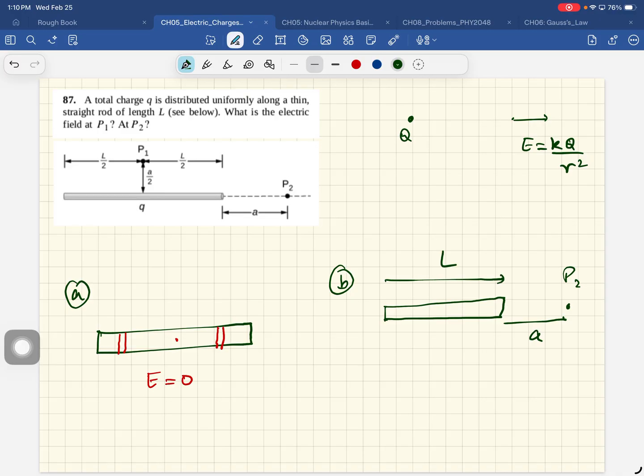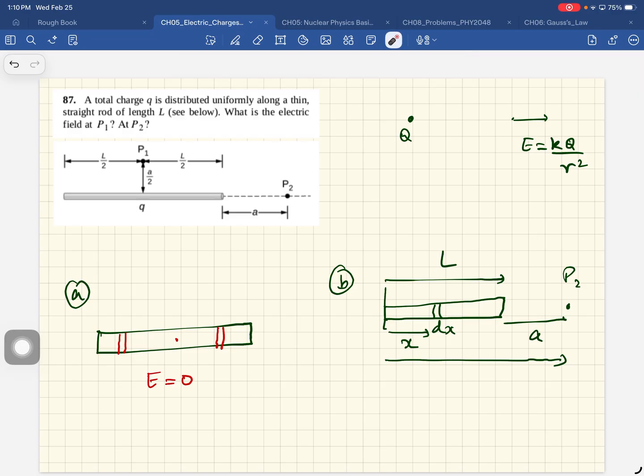So the electric field at this point, dE, due to this charge is, putting all of that in, KQ over L, dx over L plus A minus X squared. So what we have shown is the electric field due to this piece at this point is that.